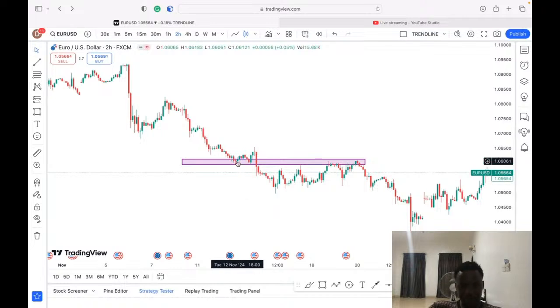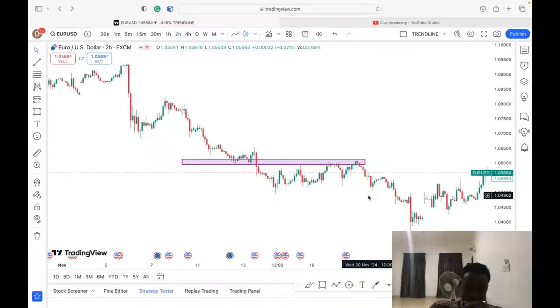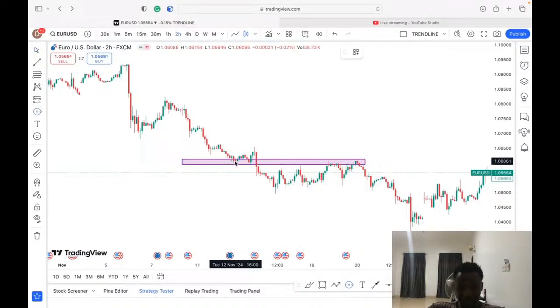Now this resistance is actually acting as a support for this other guy. What I'm trying to say is that there is a key level at this point, which signifies that this market is going to react at this level. And we saw the reaction here. We also saw the reaction here. So it's actually a legit reaction.